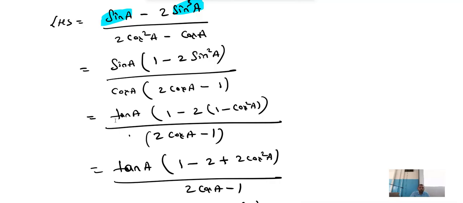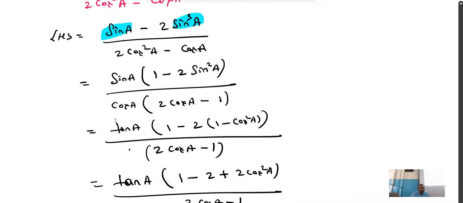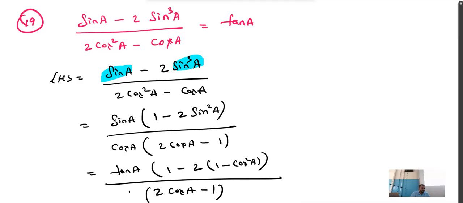Actually, it should be just a small mistake. It should be cos cube A. No, it is 2 cos cube A, because cube. 2 cos cube A, this one.